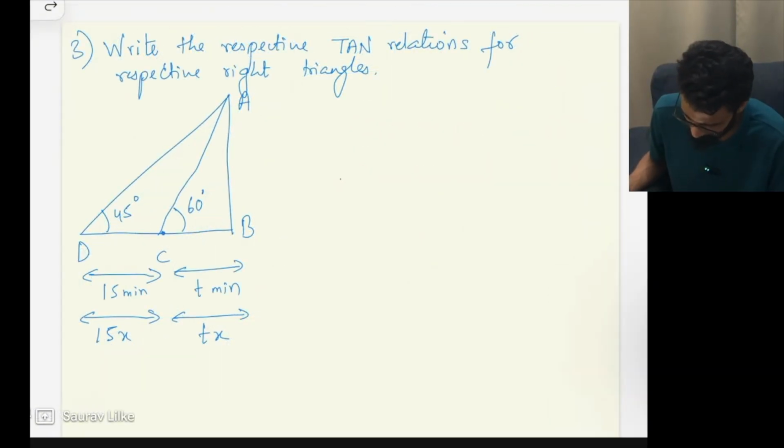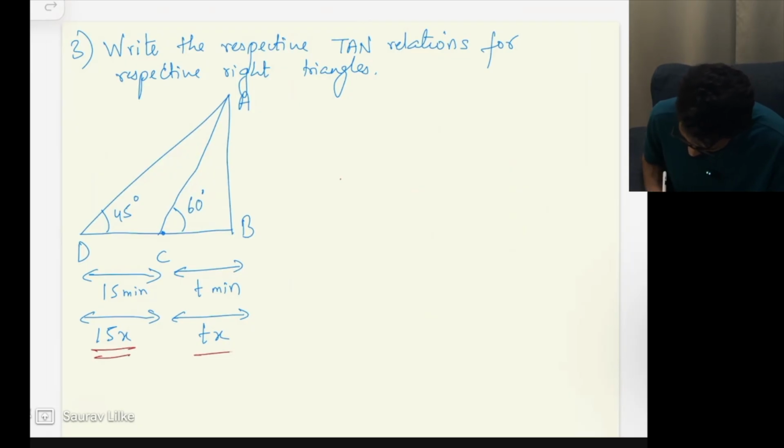Now for step number 3, after my figure has been formed and I have written the length of sides in terms of speed into time, I will write my respective tan relations.